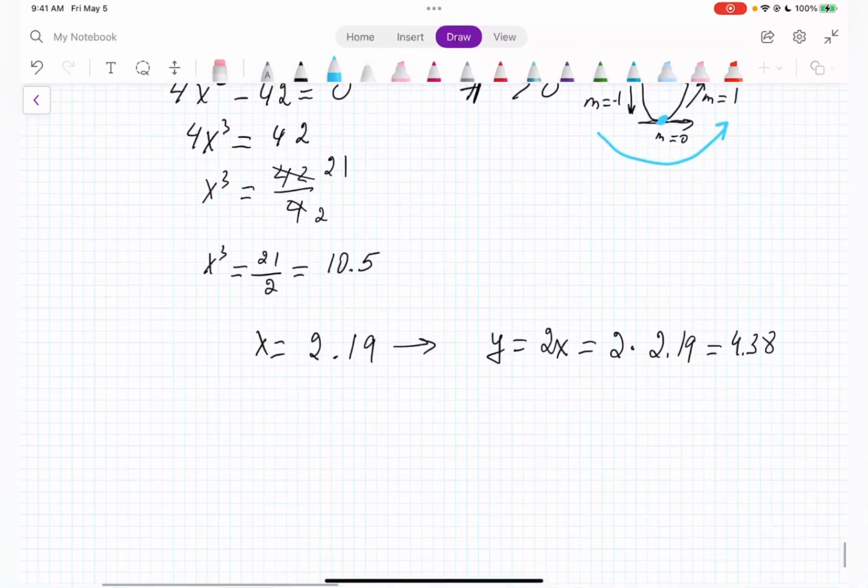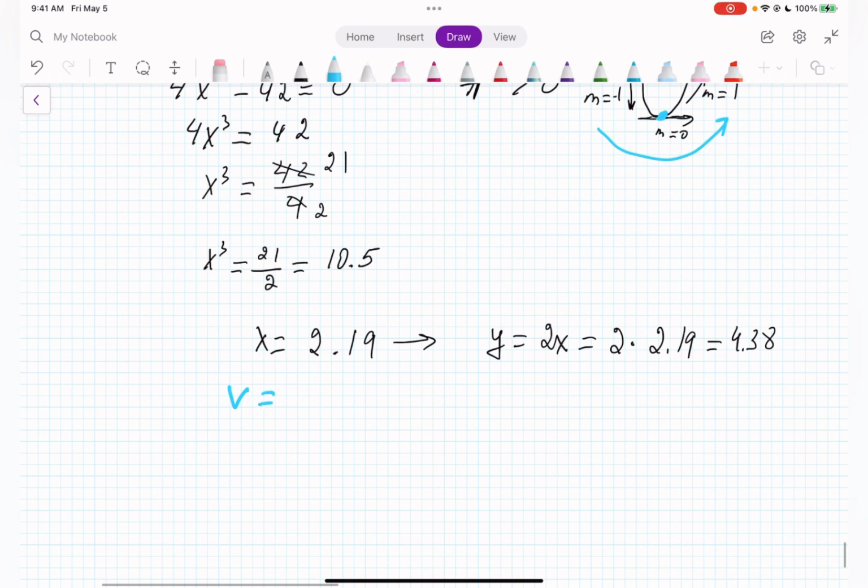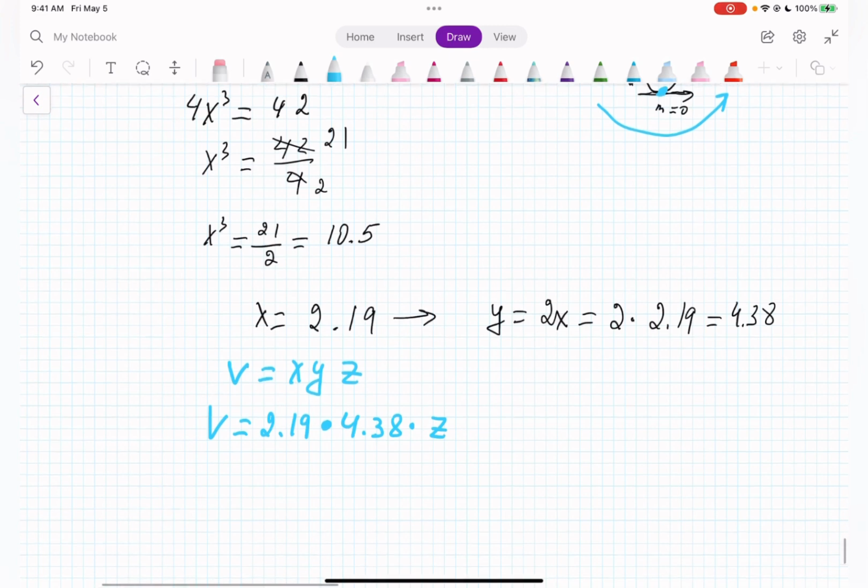So let's see. V is equal to x times y times z, right? So we get V is equal to x, which is 2.19, times y, which is 4.38, times z. So z from here is equal to V divided by 2.19 and 4.38.